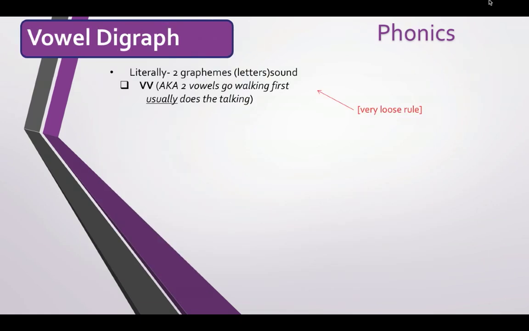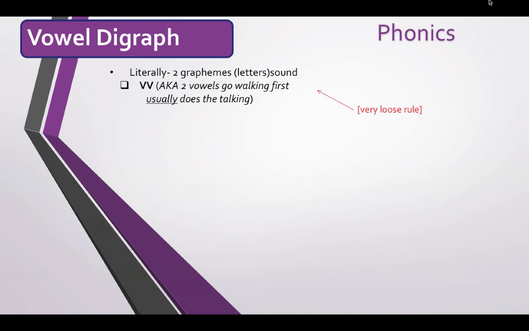So like consonants, there are vowel digraphs. They are two graphemes or letter sounds. Oftentimes, but not always, if you've got two vowels together, a vowel next to a vowel, normally the first vowel does the talking. So we tell the kids, when two vowels go walking, the first one does the talking.